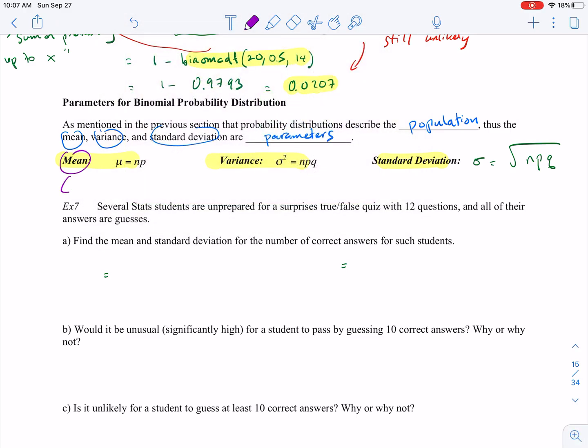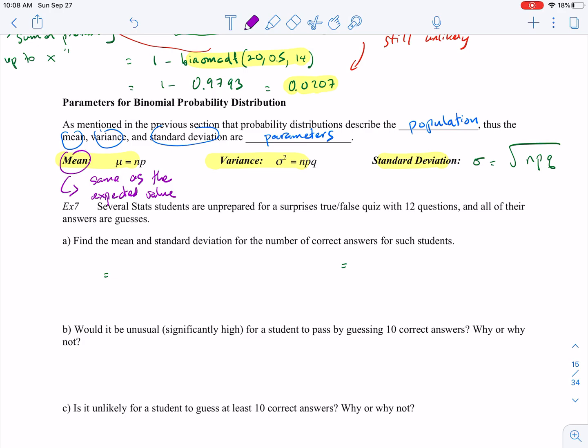So another word for the mean, from the previous section, we understood the mean is the same as the expected value, right? So in the homework, sometimes a problem might ask you to find the expected value, but it's not saying the mean. But really, it's asking you first to find the mean of that probability distribution.